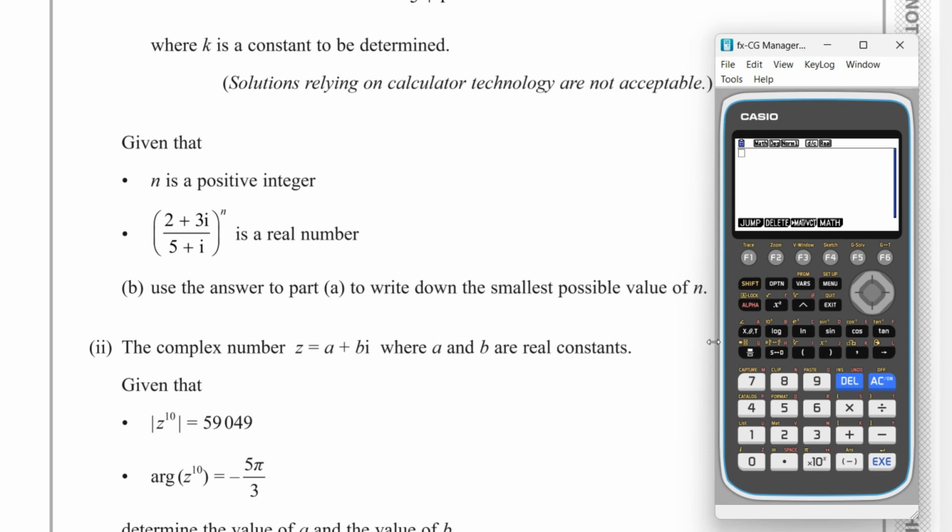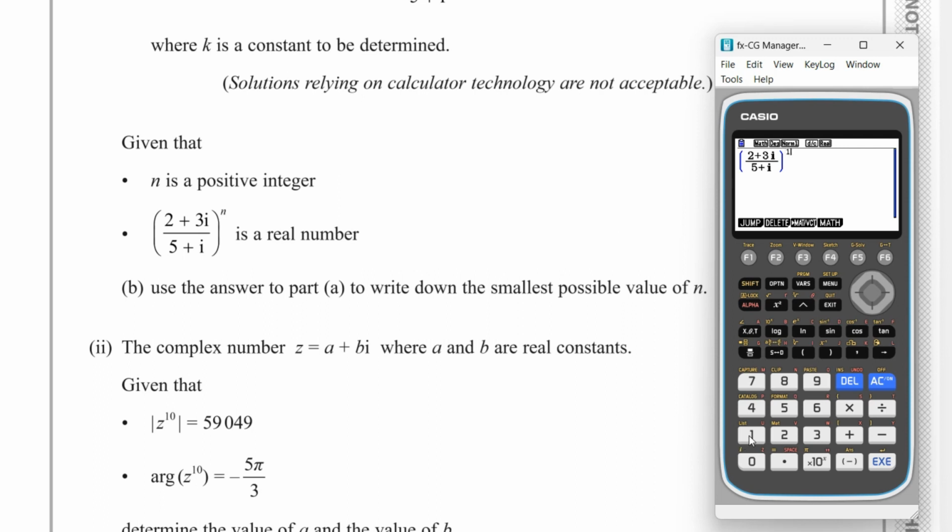So, we have this complex number given by 2 plus 3i over 5 plus i, and then we are raising this to the nth power. Now n is a positive integer, and we want the result of this when raised to the n to be strictly real, meaning we want no imaginary terms.